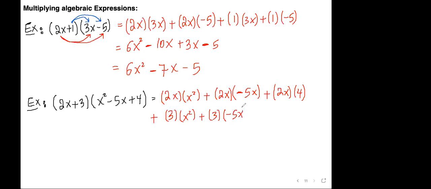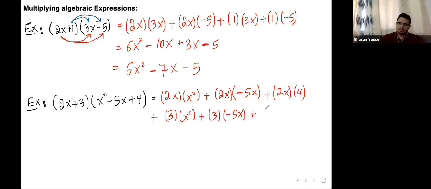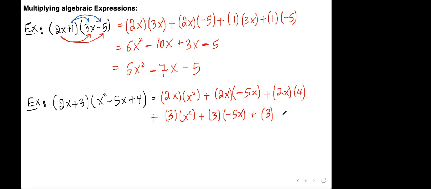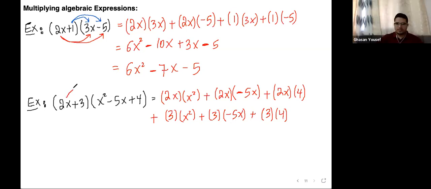Plus 3 times 4. Exactly, thank you. So she did distributing the 2x with the second parentheses like this, and the same thing for the 3, multiplying the 3 with all the terms in the second parentheses.